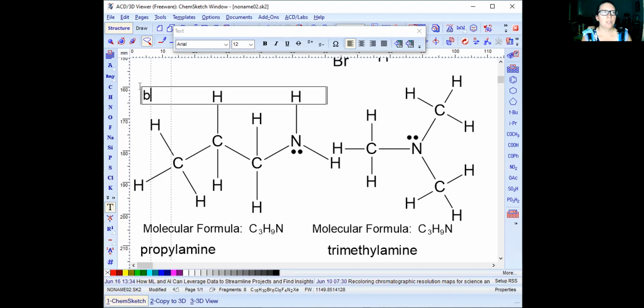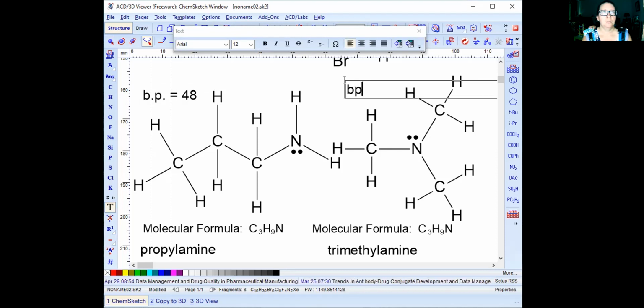So it says here the boiling point of this compound is 48 degrees, and the boiling point of this compound is 3 degrees. What can account for this difference? What we're meant to think about is the intermolecular forces present.